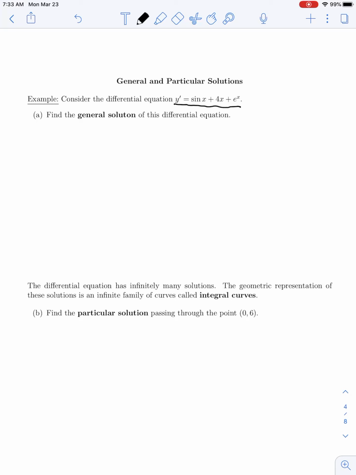So in the first part of this example, we are asked to find what is called the general solution of this differential equation. And to do that, as we said, we take the antiderivative of the derivative of our function, which was given as sine of x plus 4x plus e to the x. This is a function of x, so we're integrating with respect to x.